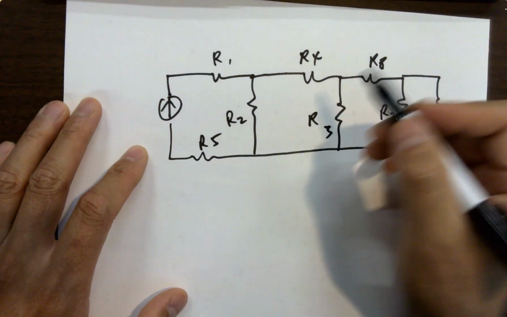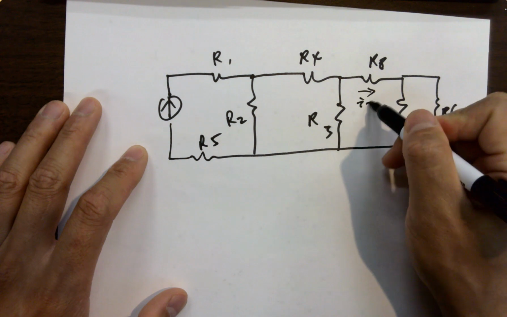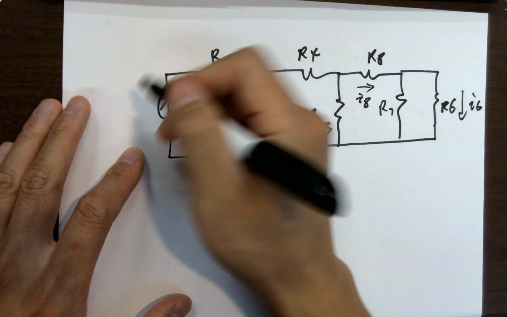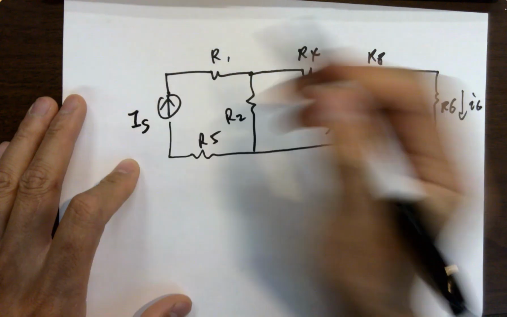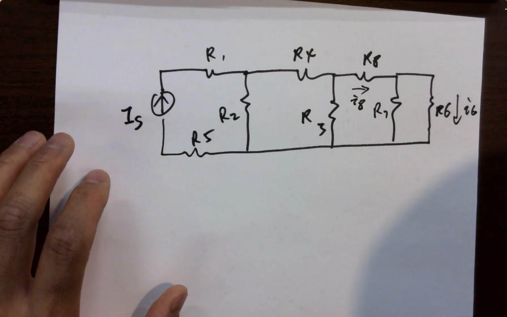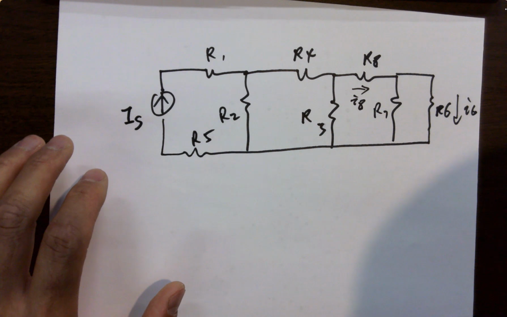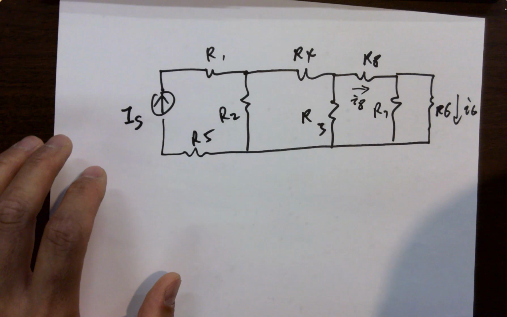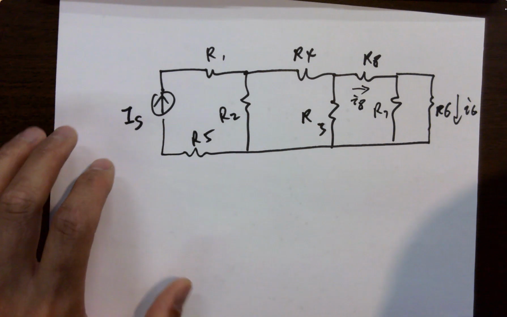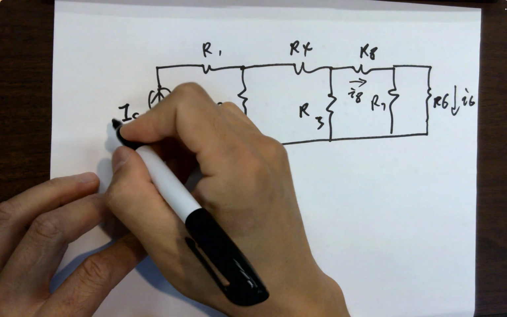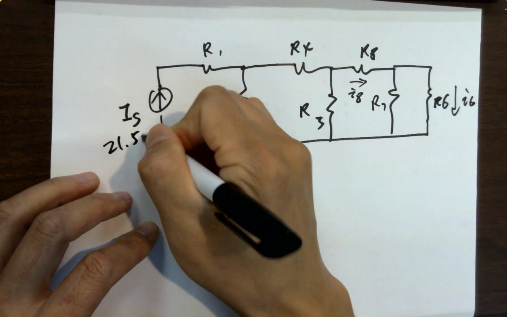So this is labeled as I8, and this is I6. This is I source, right? It's asking for what? Asking to calculate I2, I3, I6, I8. All the resistances are given. Okay, and the current source is given as well, so you can easily calculate everything.